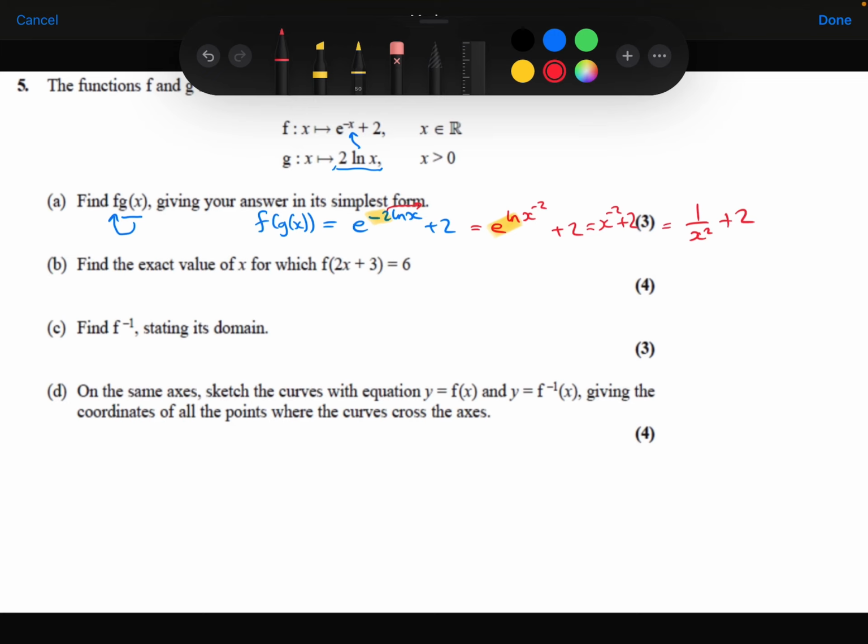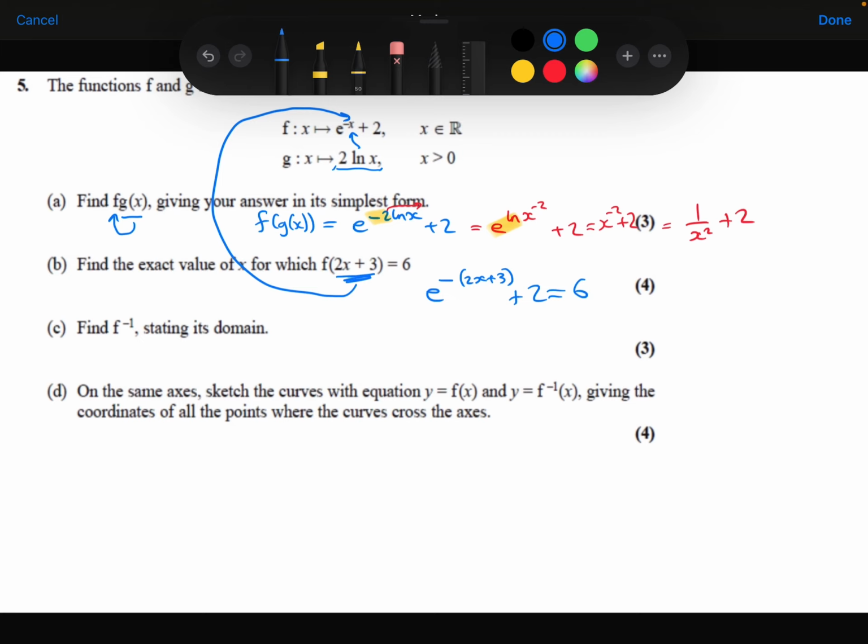Part B finds the exact value of x for which f of 2x plus 3 is equal to 6. So this is saying to take 2x plus 3 and substitute that into the f function. So we would get e to the minus 2x plus 3, plus 2, is equal to 6.